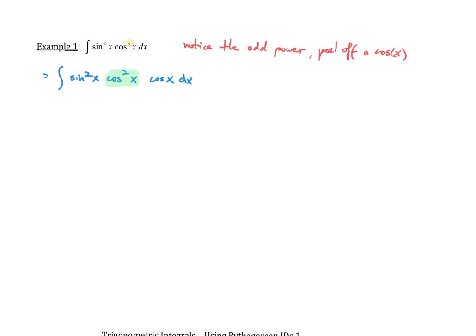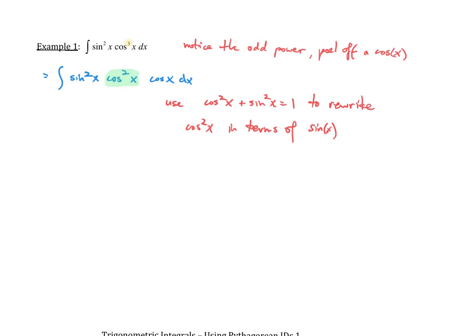Okay, and what we want to do is use the fact that cosine squared x plus sine squared x is equal to 1 to rewrite cosine squared x in terms of sine of x. Right? And we can do that just by doing a simple subtraction.